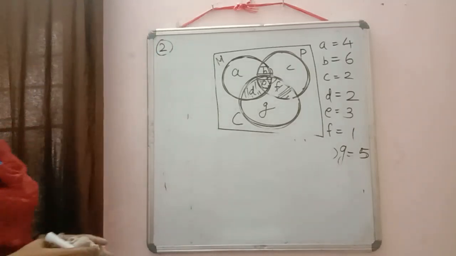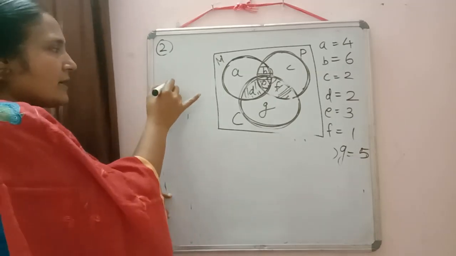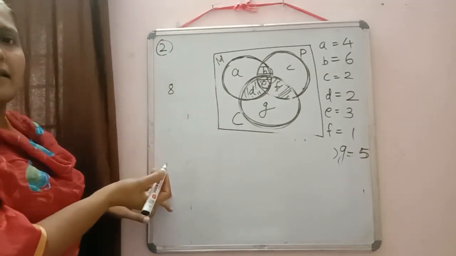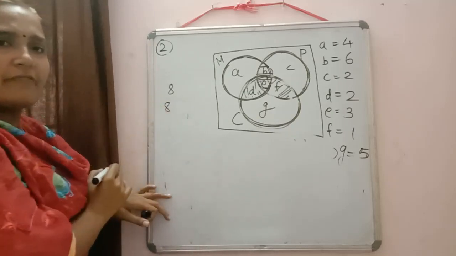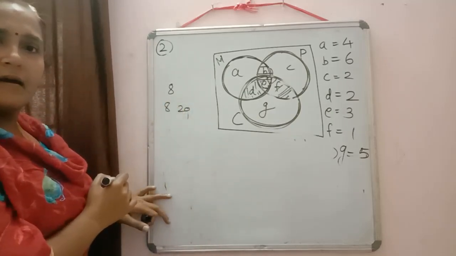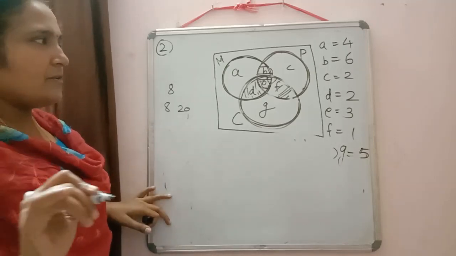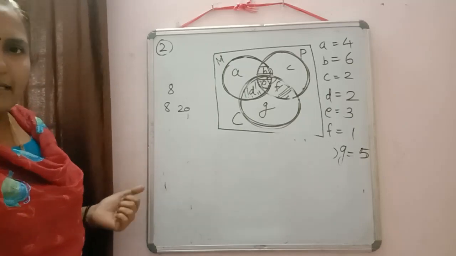So in the examination minimum passing mark is 8. So what does it mean? If you got 8 marks, you are pass or fail? Pass. If you will get 20 marks, then pass only. So in the same way, minimum one subject, meaning they can take more than one subject also.